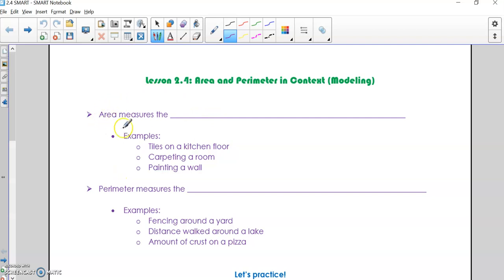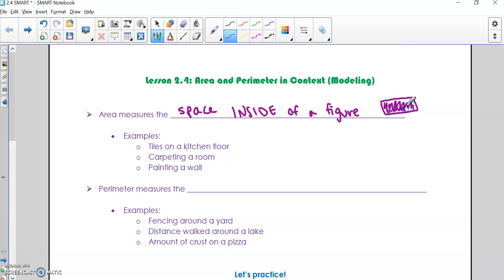So, area measures the space inside of a figure. Okay? And that inside piece is really important. That's why I made it all caps, right? Because perimeter is exactly the opposite. So if you had a rectangle, area is that inside shading that you are worrying about.